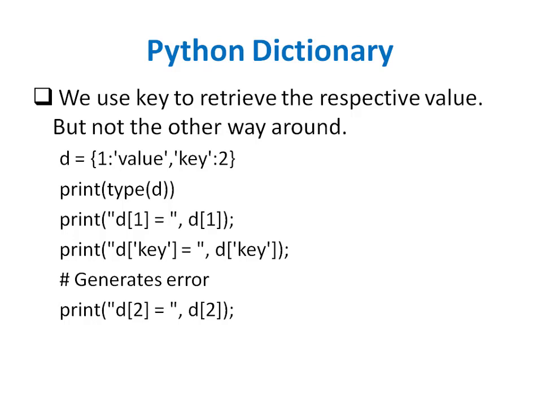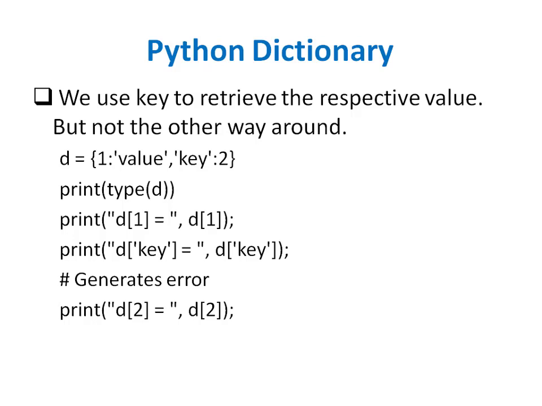If we print the type of D, that is going to return dictionary, obviously. If we print D[1], that is going to print the value. Now if we print D['key'], because we are accessing the value 2 with the help of the key, that is going to print 2.